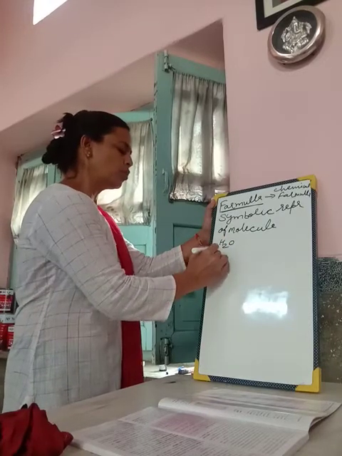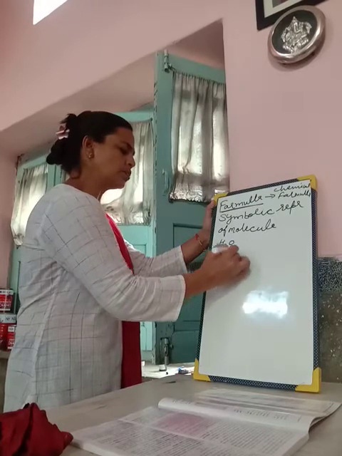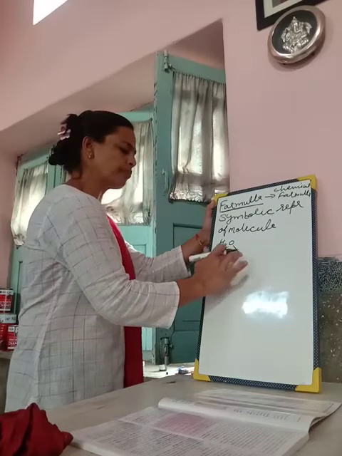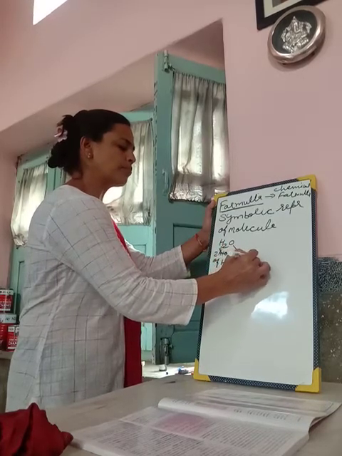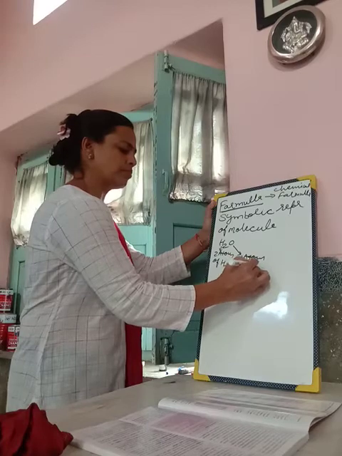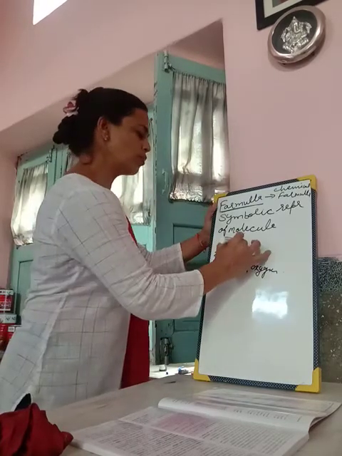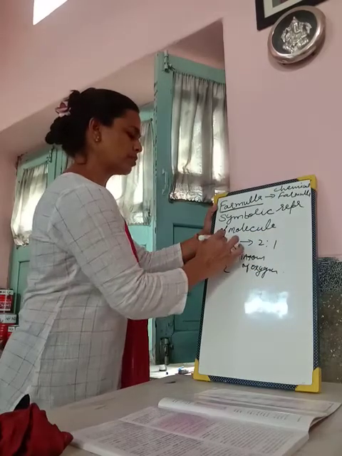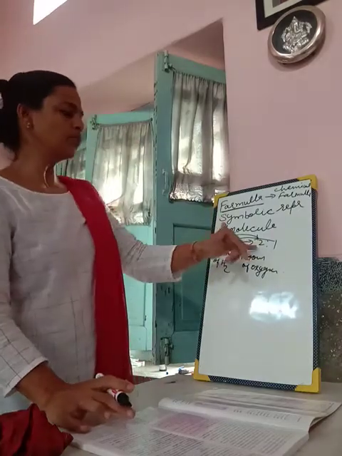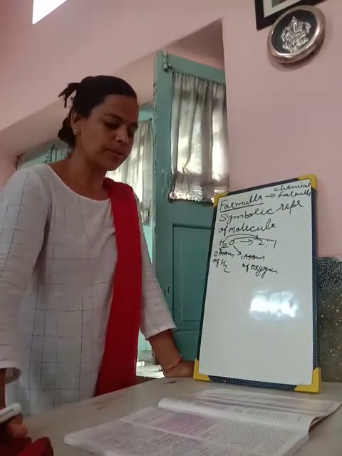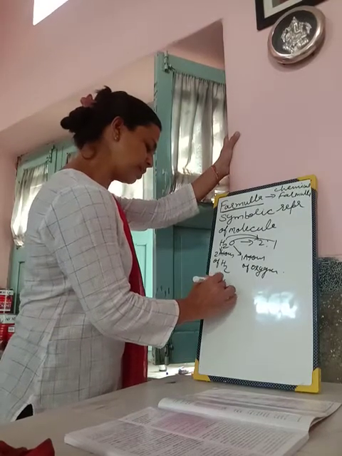Here there are two atoms of hydrogen and one atom of oxygen. In which ratio? 2:1, 2 for hydrogen and 1 for oxygen.